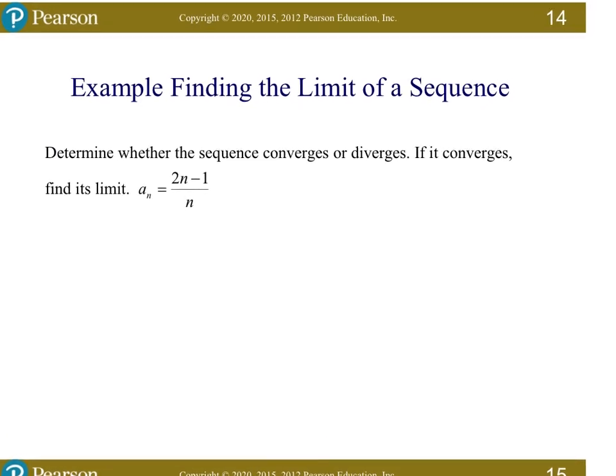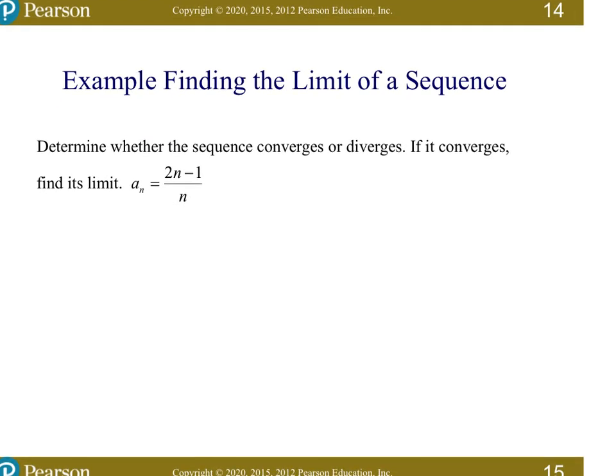All right, so here is a sequence generated by the expression 2n minus 1 over n. And we want to determine if the sequence converges or diverges. So I'm going to take the limit as n approaches infinity of the sequence a sub n.